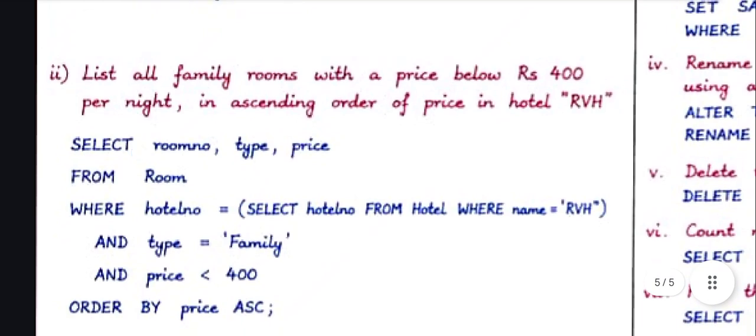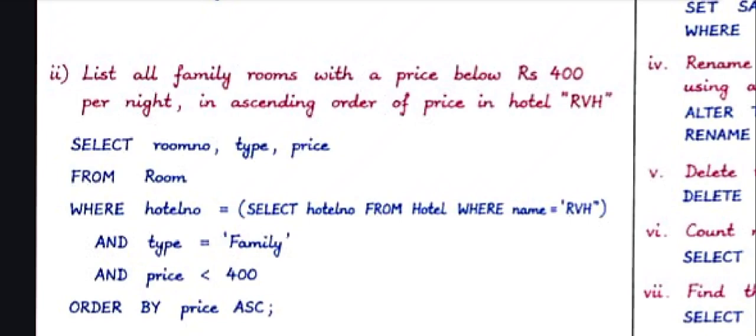List all the family rooms with a price below 400 per night in ascending order of price in Hotel RVH. It's all family rooms.